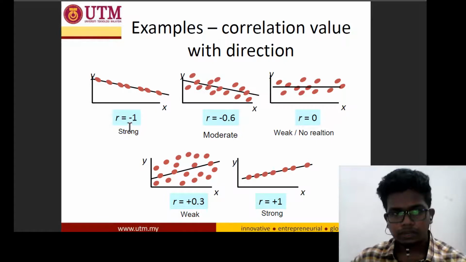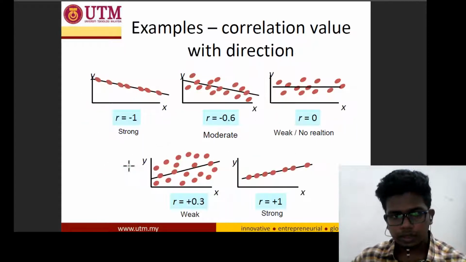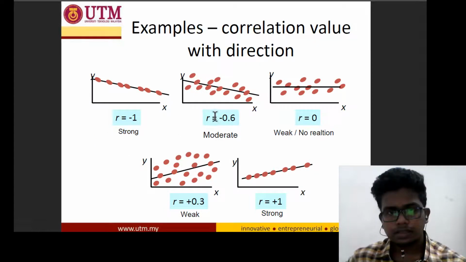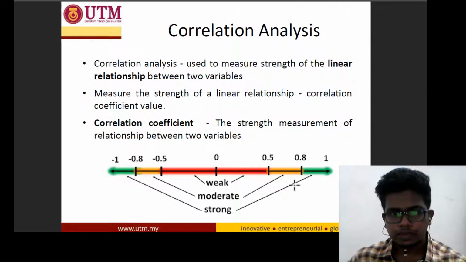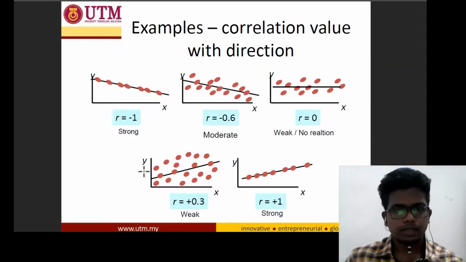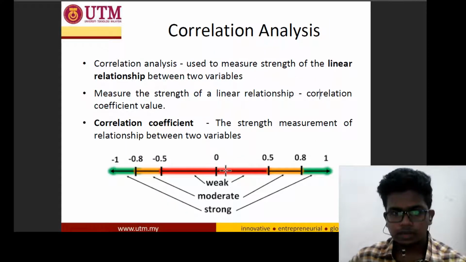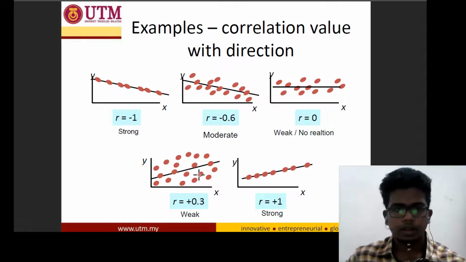Coefficient R is the coefficient. When R is minus 1, it is in that range, so it is strong. And here we can see that it is minus 0.56, so it is moderate because it is in the range of minus 0.5 to minus 0.8. Okay, and for this there is 0, so we can say that it is a weak relationship or no relation at all.